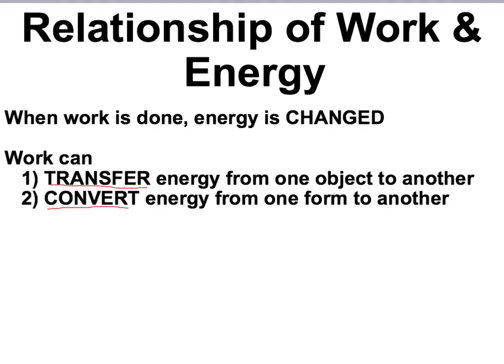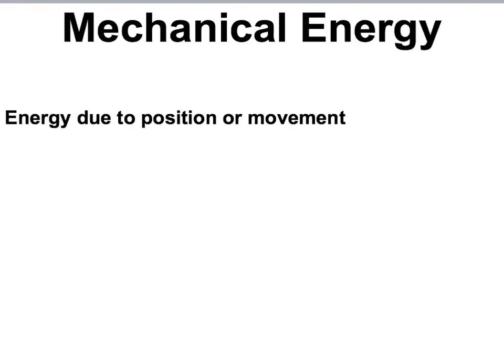And energy being converted from one form to another, in order to understand that, we have to understand the different forms of energy. The type of energy that we're going to be dealing mostly with in this unit is called mechanical energy. And a good definition for that is that it's energy due to position or movement. And there are two types of mechanical energy.